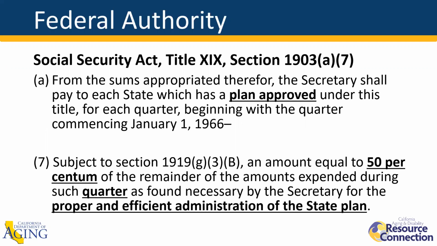Now, the Secretary of Health and Human Services is the final arbiter who decides what activities meet this threshold. But unless we have a direct beeline to the secretary, as the state, we still have the flexibility to come up with a proposal that outlines ADRC activities that we believe fall under this broad definition.